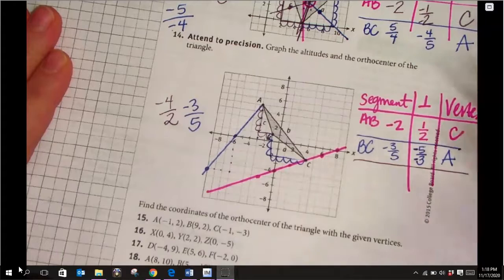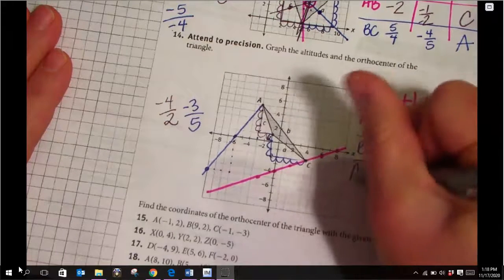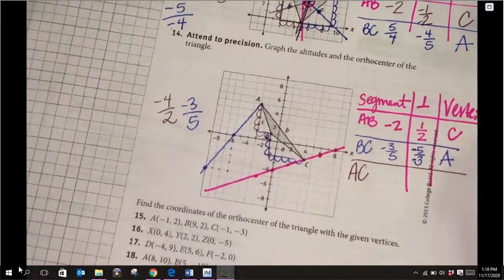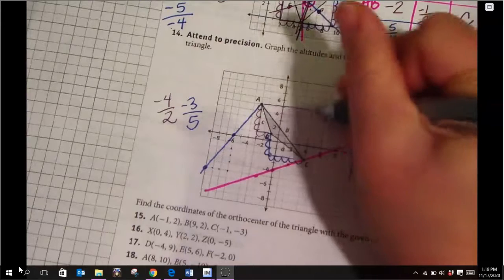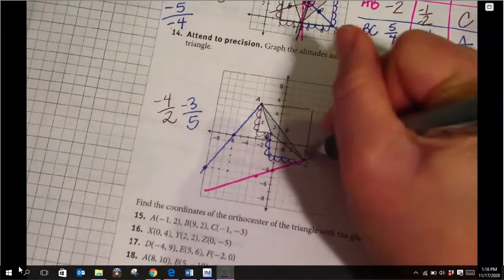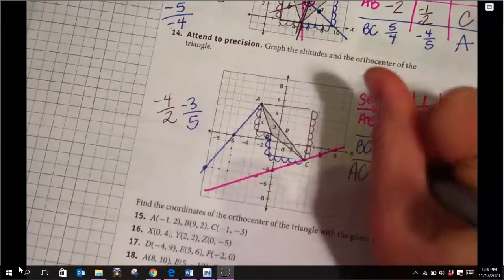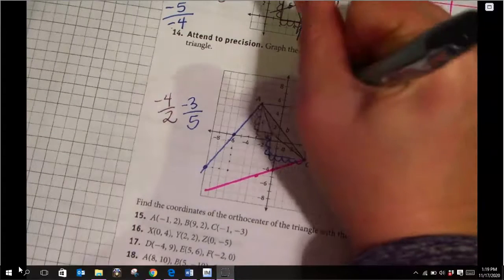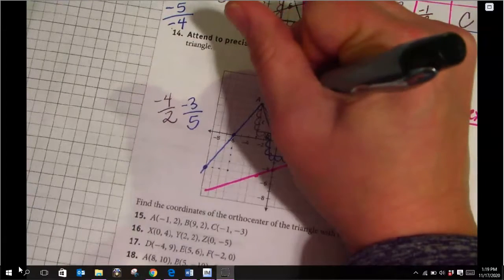And the only segment left, I've got AB, BC, so now I need AC. That's the other segment. So this one, I'm going to go up 1, 2, 3, 4, 5, 6, 7. And then I'm going to go left 1, 2, 3, 4, 5, 6, 7.